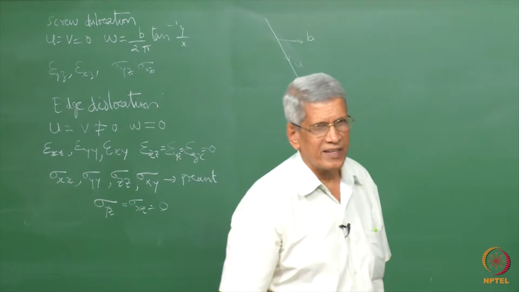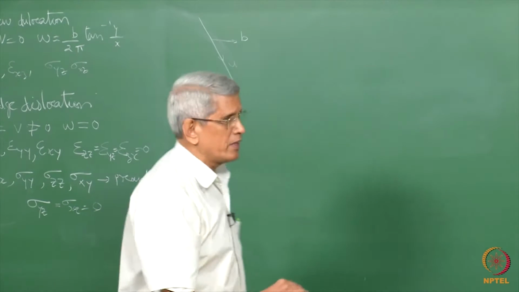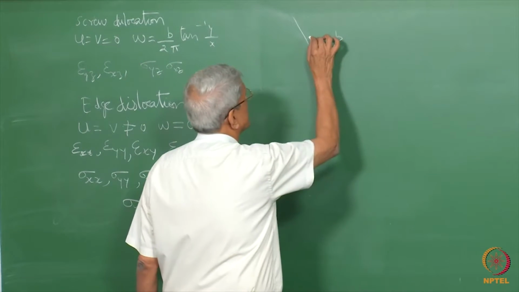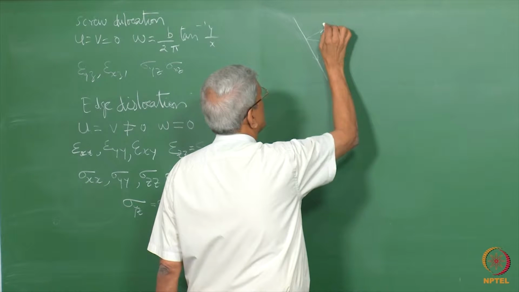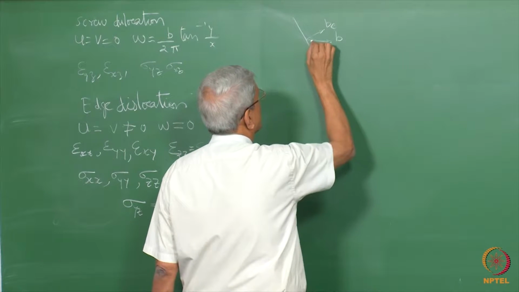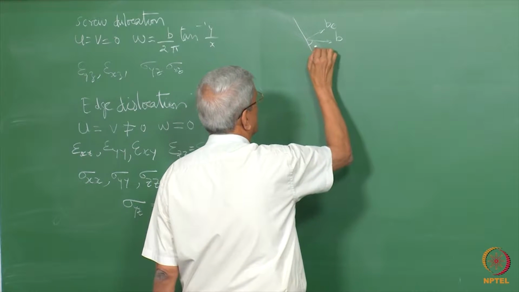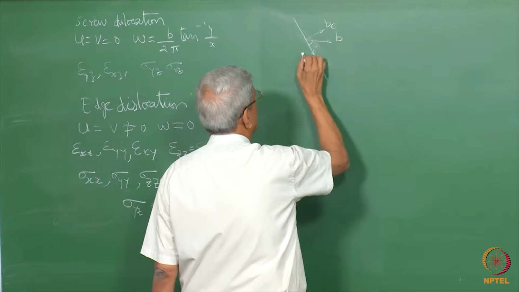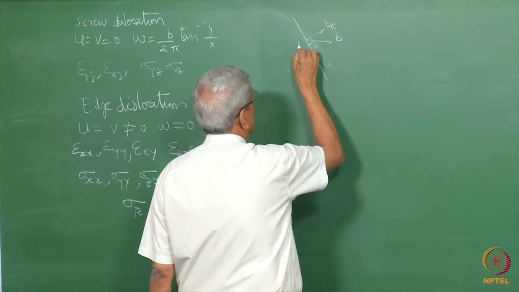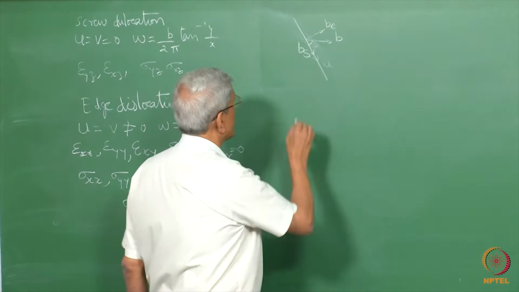That way also we can consider it. Let us just consider this case. Then this will be b, this is the angle theta it makes with the line direction, and this will be bs, the screw component.